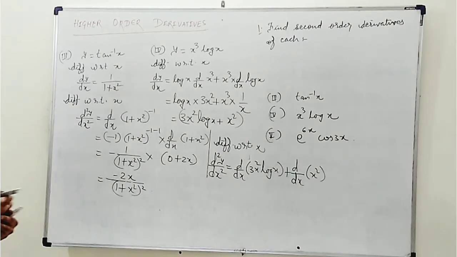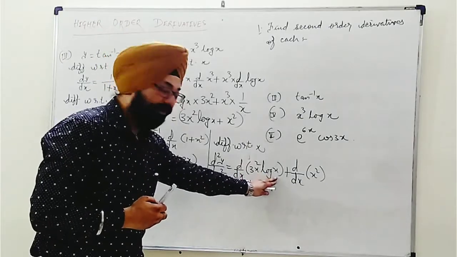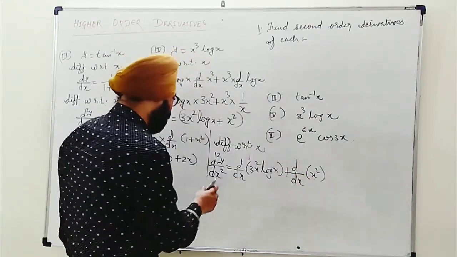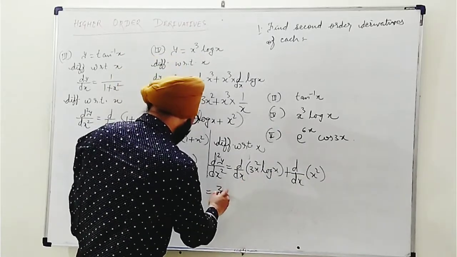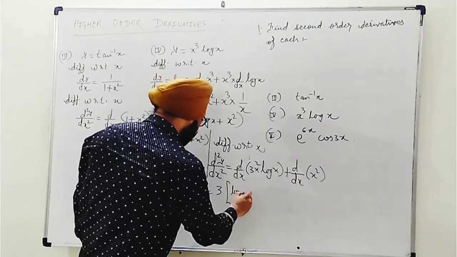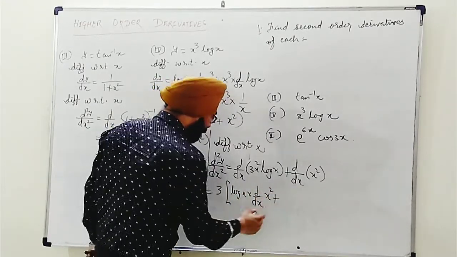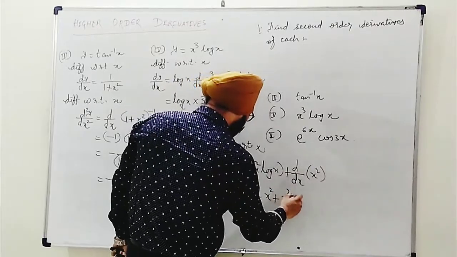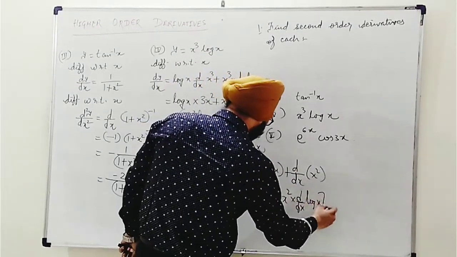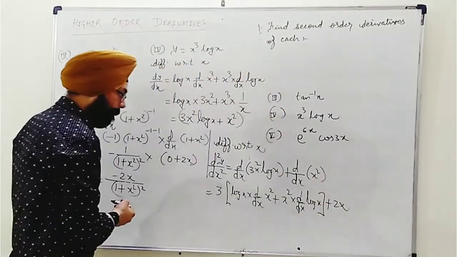But we should not forget, here the product of x square log x is given, so product rule again will be applicable. Here it is a single term, we will operate like 3 log x into d by dx of x square plus x square d by dx of log x, and x square d by dx will be 2x.